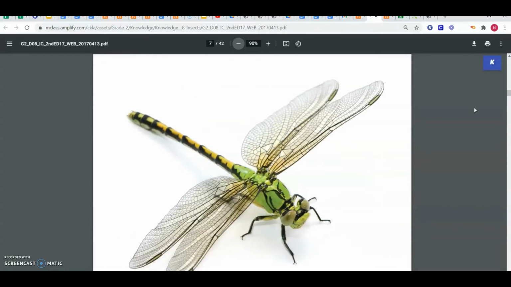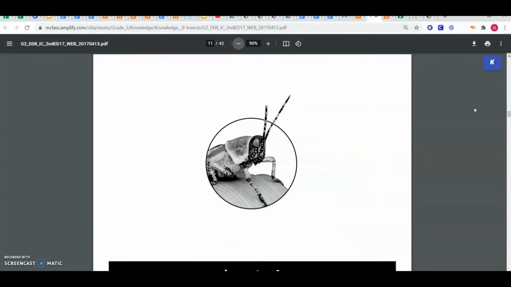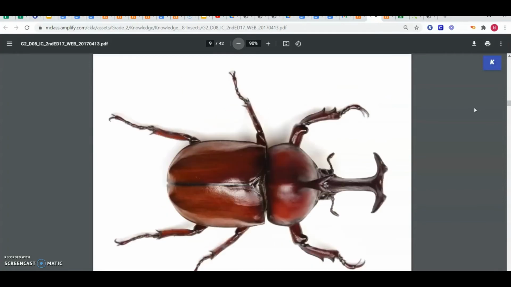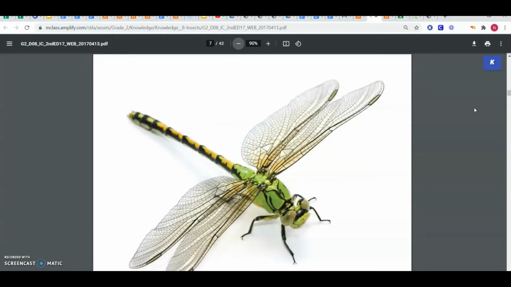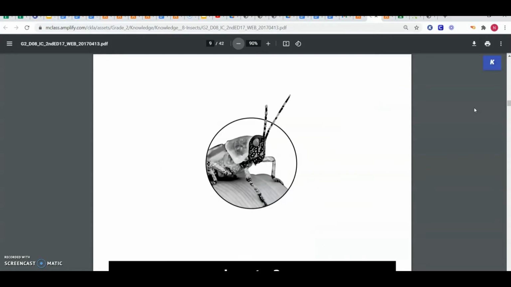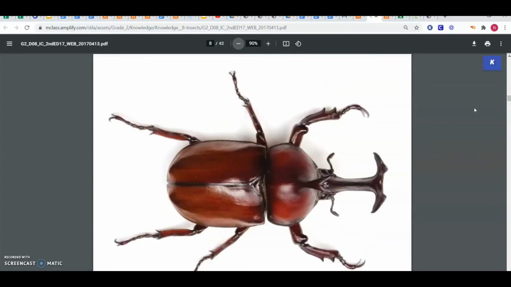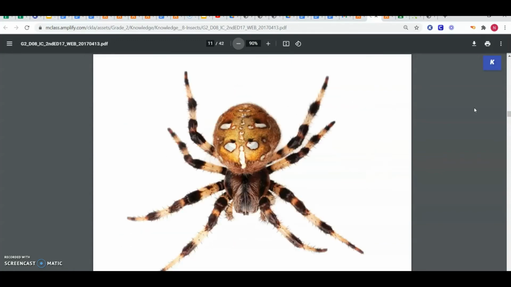How are they similar and how are they different? Let's take a closer look at our spider. How is this spider different from other animals?